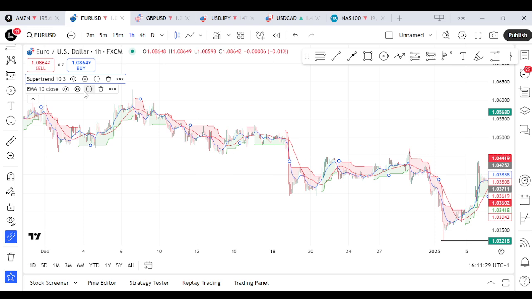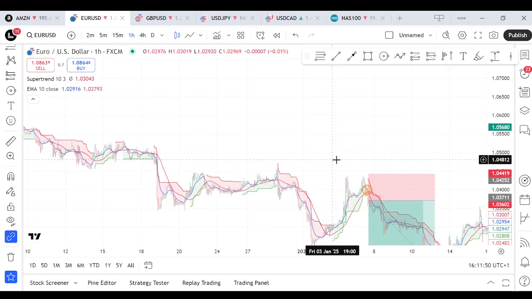You can change it to find what works best for you and for your chosen asset or time frame. So this strategy combines simplicity with reliability, leveraging two trusted indicators. So by following these steps carefully, you can make informed trading decisions while minimizing risks associated with false signals or sudden market reversals.